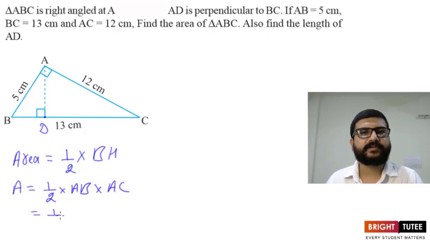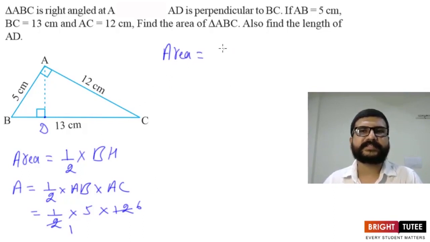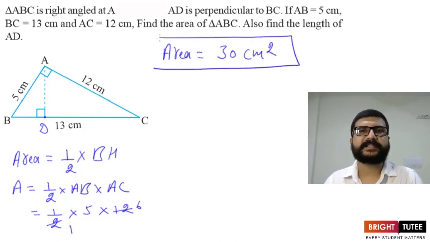So this will be equal to half into AB is 5 into AC, which is 12. Now let's simplify this. 2 ones are 2, 2 6s are 12. Now from here we will get area is equal to 5 into 6, which is 30 square centimeters. So this is the area of triangle ABC.